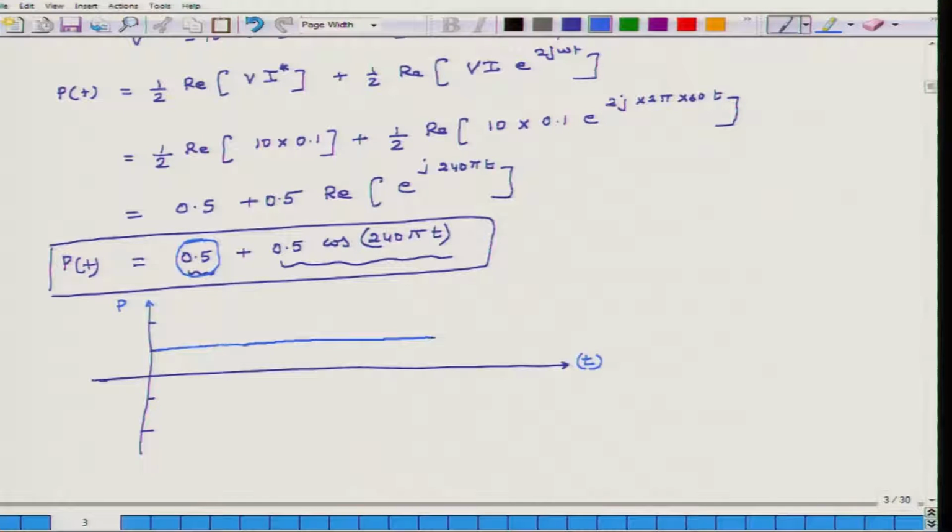The dissipated power is 0.5. So, this is 0.5, this is 1.0, and the cyclic portion is this thing, and its amplitude is half, and it will vary from plus half to minus half, and at time t equal to 0 its value is half.